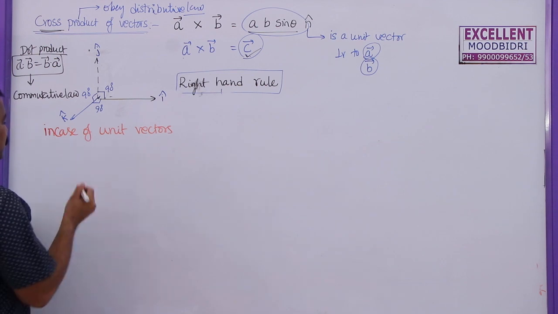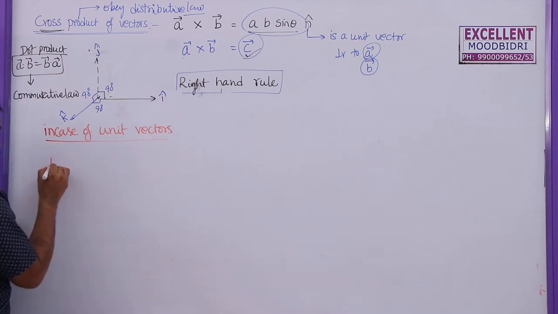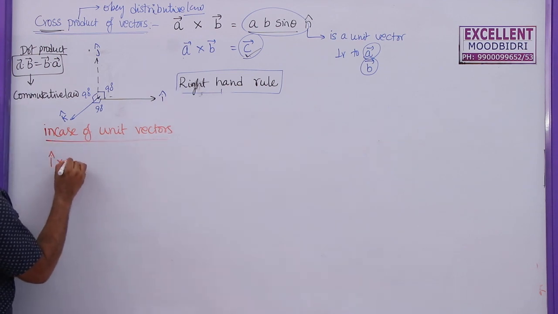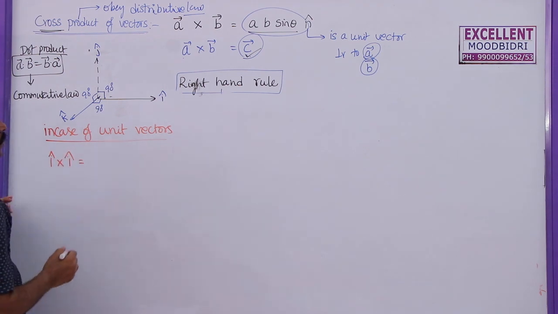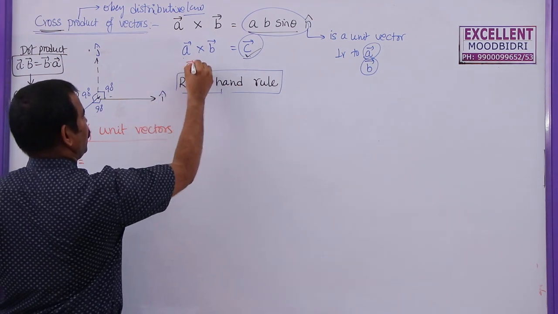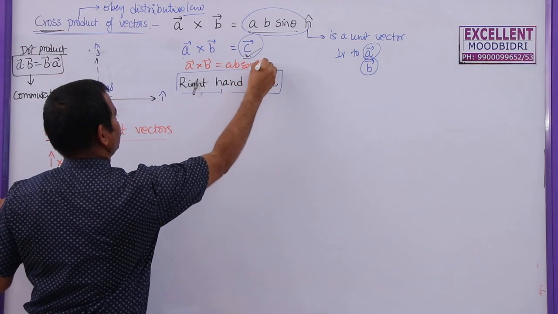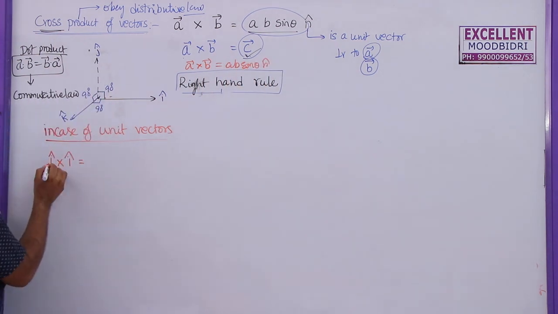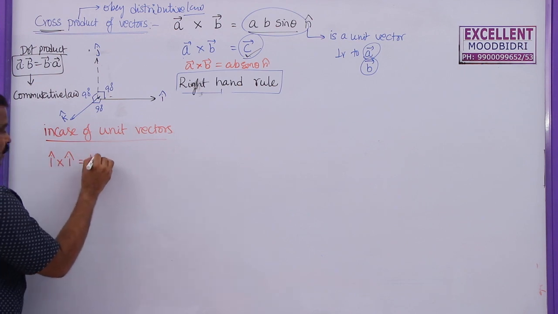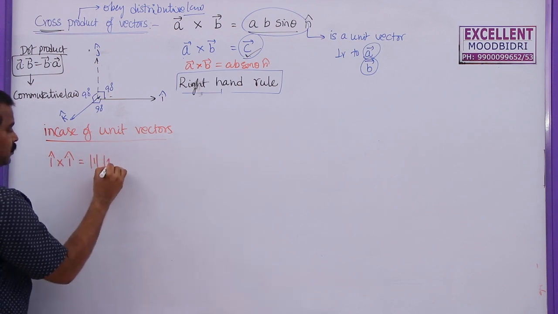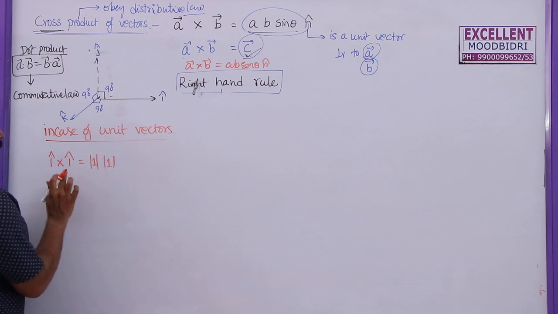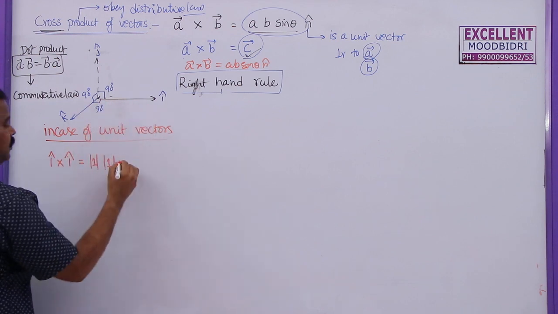Now, in case of unit vectors, if you are multiplying I cap with I cap, according to this, A bar cross B bar is equal to AB sin theta n cap. The magnitude of the first vector is 1, the magnitude of the second vector is also 1, and the angle between I and I is 0.